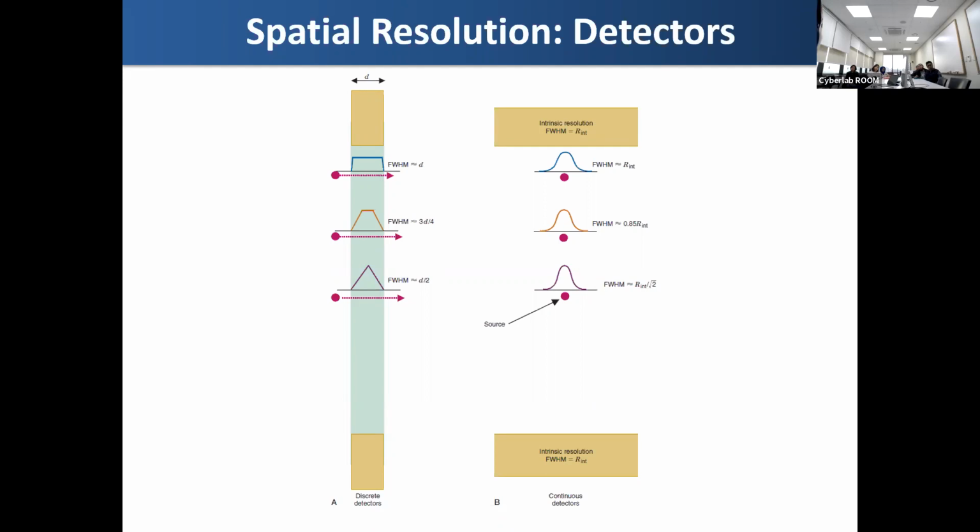PET has the best spatial resolution at the center of the field of view, and the resolution gets degraded as the distance increases. So this is one of the factors that we should consider.